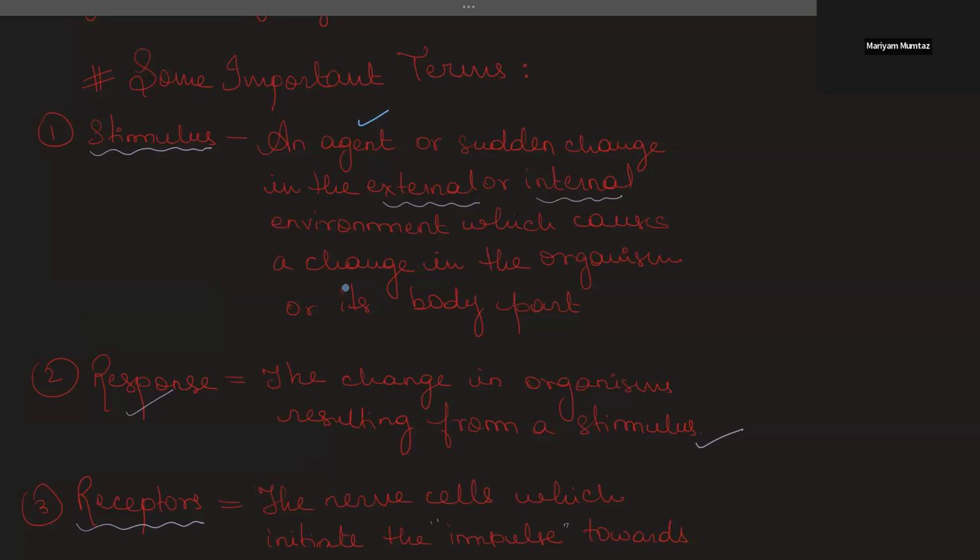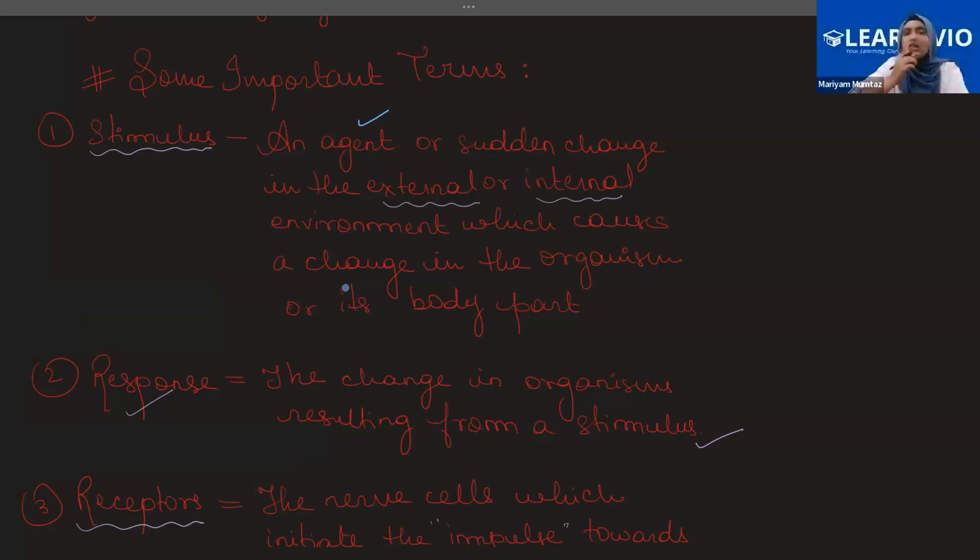The first term is stimulus. Stimulus is the agent or any sudden change in the external or internal environment which causes a change in the organism or its body part. For example, if you're standing and I pat on your back, you will understand that someone is patting on your back.